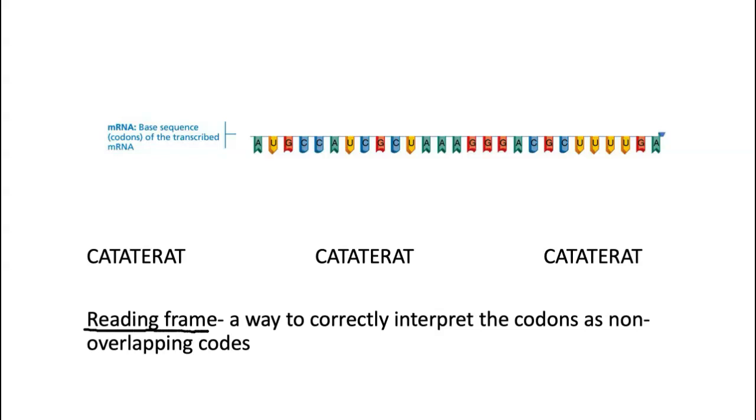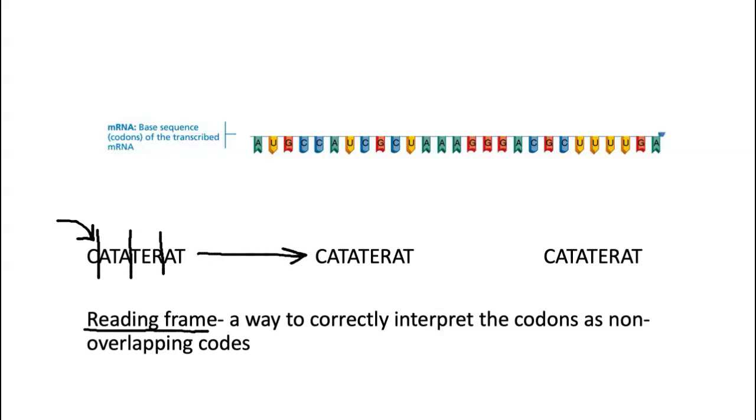So let me just give you an example of what I'm talking about. I put 3 nonsense examples on the screen, and each one of these examples is just using letters as nucleotides. And let's say that this was a strand of messenger RNA. Do you see how if I skipped the C and I started reading at the A, and I read those 3 letters, and I read those 3 letters, that would be different.